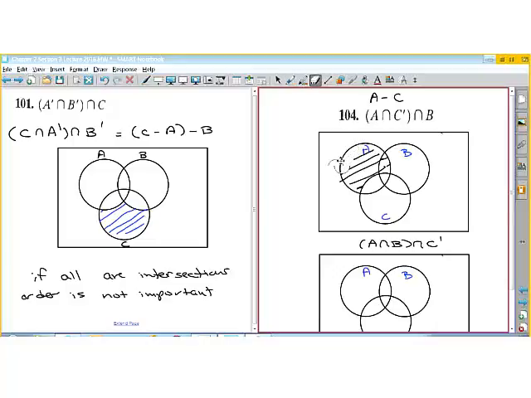Let me show you what it would be if you did it without using the subtraction. This would be A, and the complement of C would be everything except what's in C, so it's everything outside of C. The red is the complement of C. I'm just drawing lines until I run into C, and then I skip over top of it.